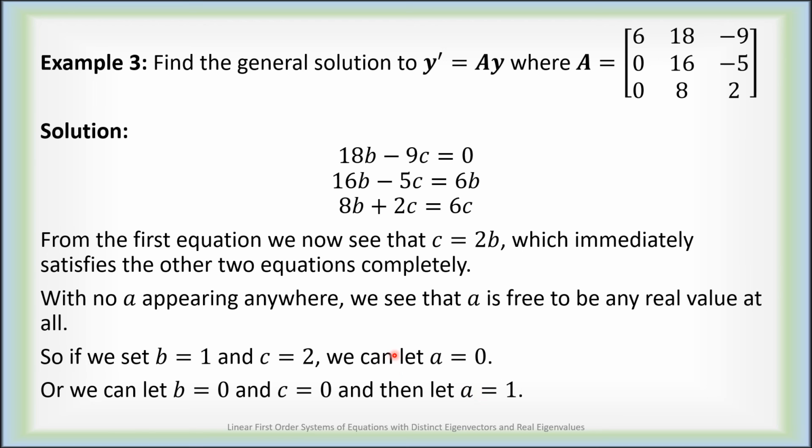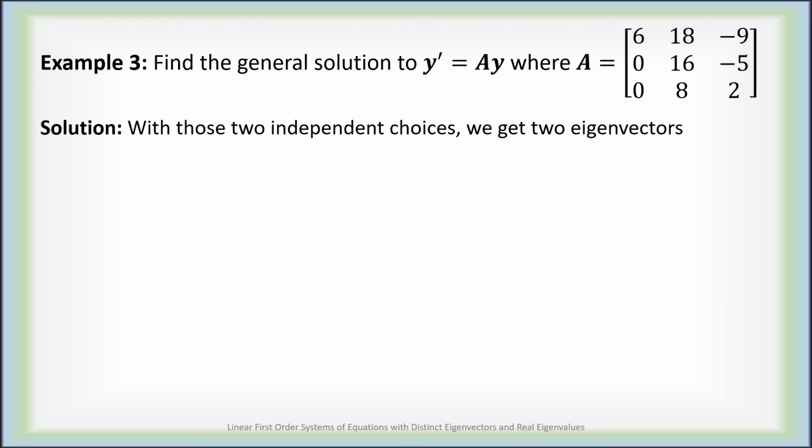And what's nice about this choice is that these two eigenvectors are obviously linearly independent. What you could do, however, is say b equals 1, c equals 2, a equals 0, or b equals 1, c equals 2, a equals 1. Those would also be two linearly independent eigenvectors. But we made one particular choice of two linearly independent eigenvectors, and here they were, 1, 0, 0, and 0, 1, 2. These are two linearly independent eigenvectors for the same eigenvalue of 6.